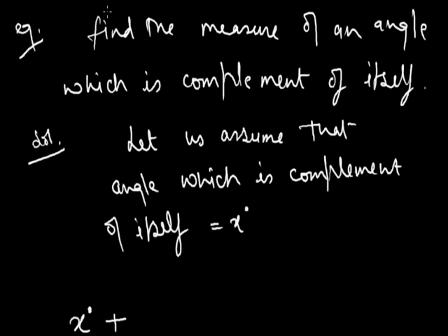So the question is asking that find that angle which is complement of itself. So we have assumed the angle as x degree. Now it is saying that it is complement of itself. That means the definition for complementary angle is the sum of two angles is 90 degree, then the two angles are complementary angles.